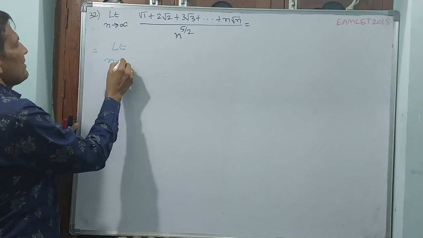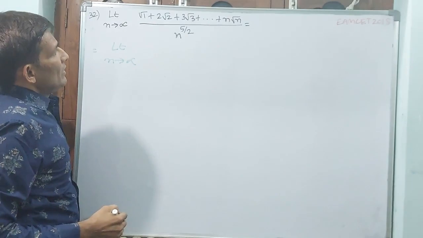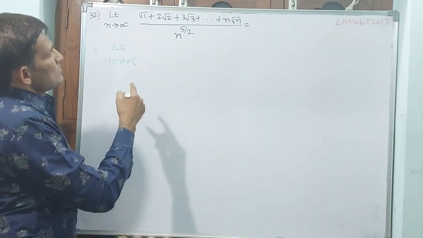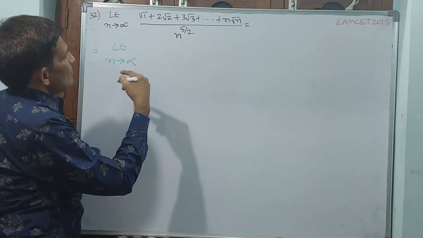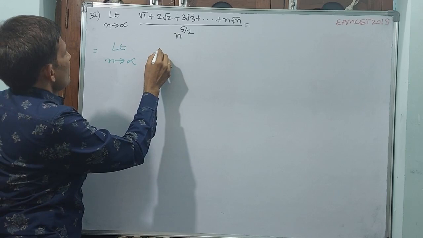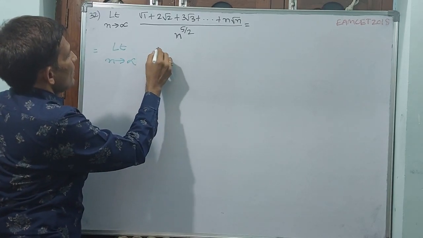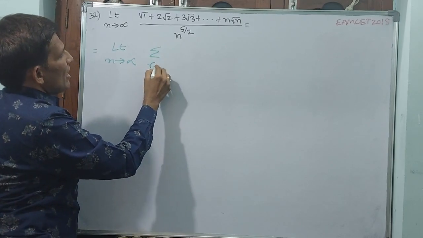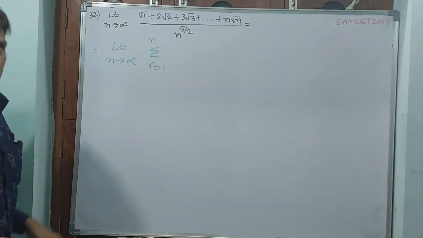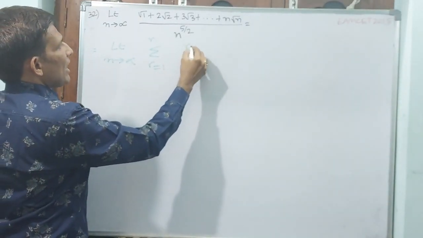Let n tend to infinity. I am taking sigma r equal to 1 to n. First term r is 1, root 1, that means you shall write r root r.